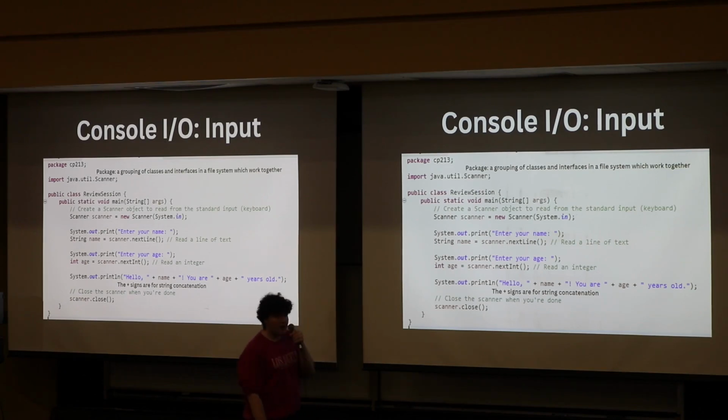A package will be different on different operating systems because different operating systems implement file systems differently. But a package is just your operating system's organization of the classes and interfaces together. So the way a package is implemented on a Linux system versus a Windows system is different because the file systems on Linux versus Windows are different, but the idea of a package is ultimately the same. It's just an organized directory containing classes and interfaces.